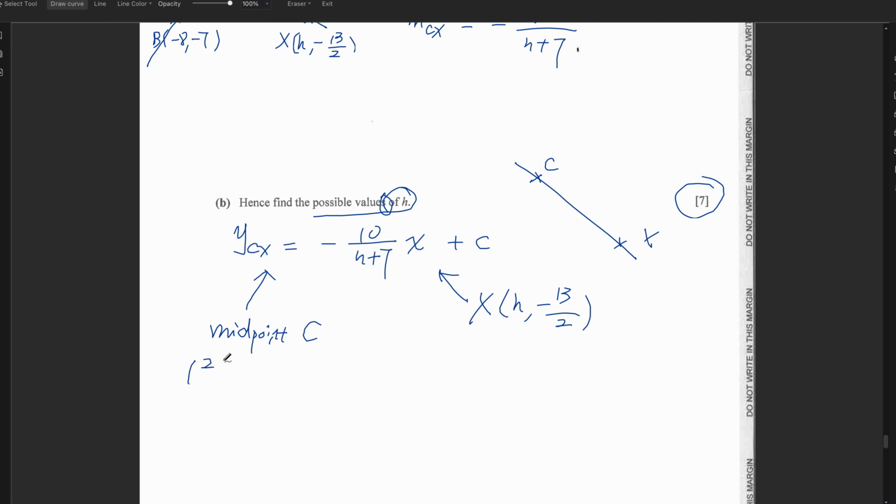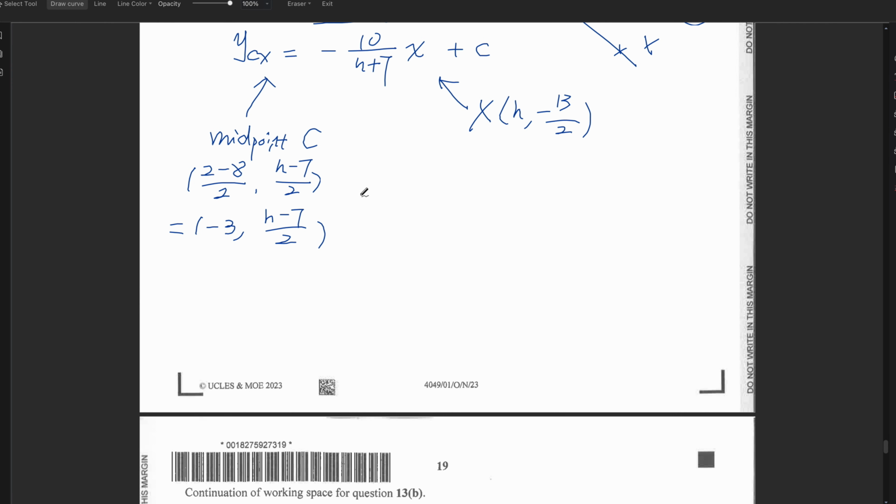For easy reference, we know that A is (2, h) and B is (-8, -7). So the midpoint C is ((2 minus 8) divided by 2, (h minus 7) divided by 2), and this gives me (-3, (h minus 7) divided by 2).